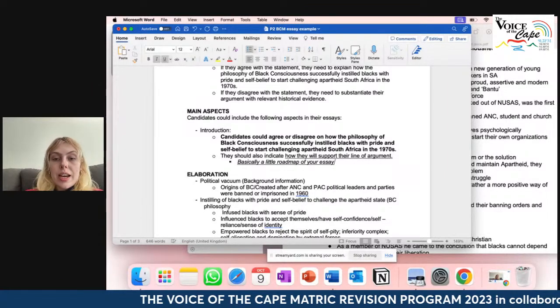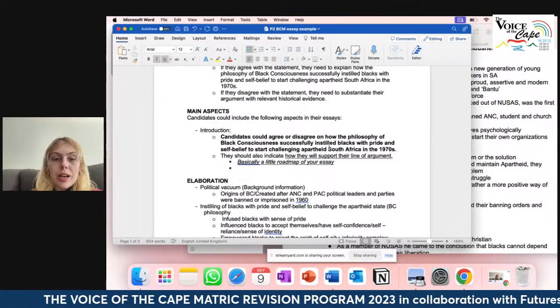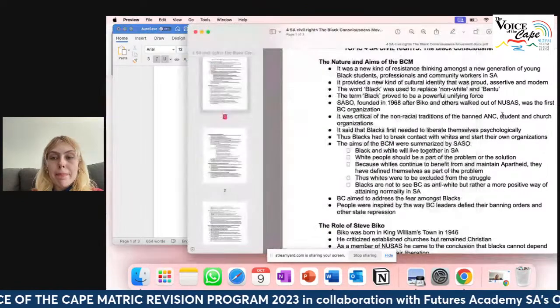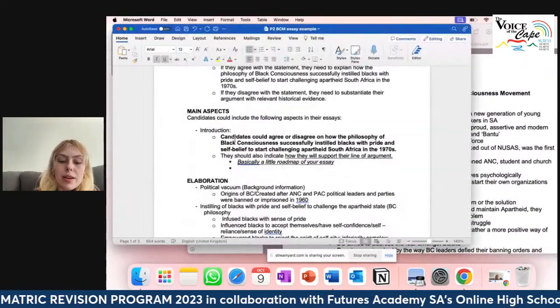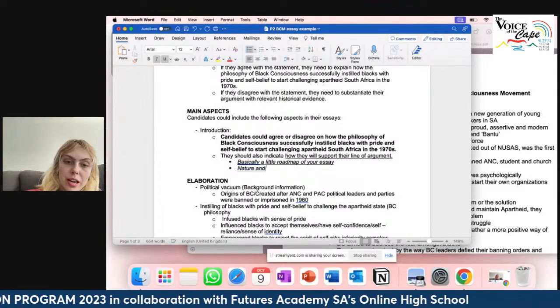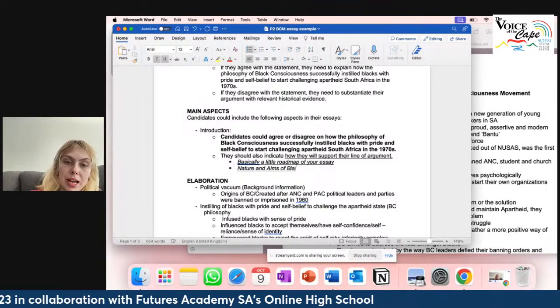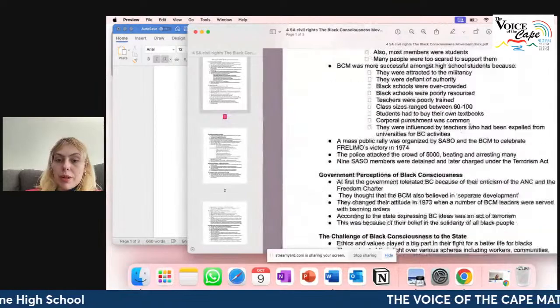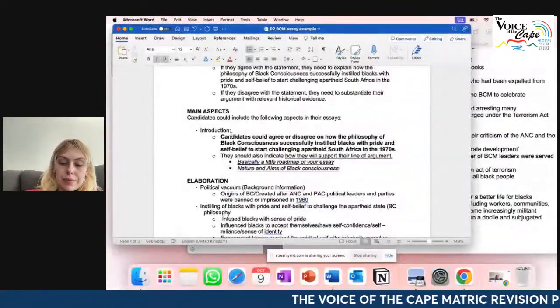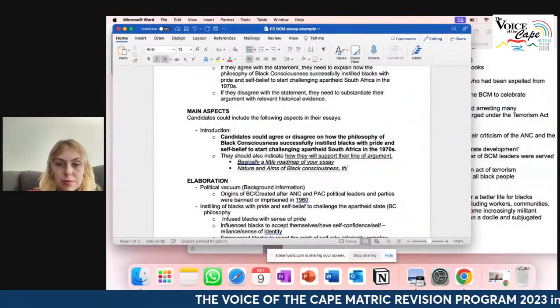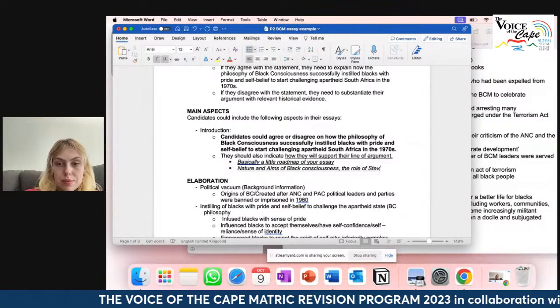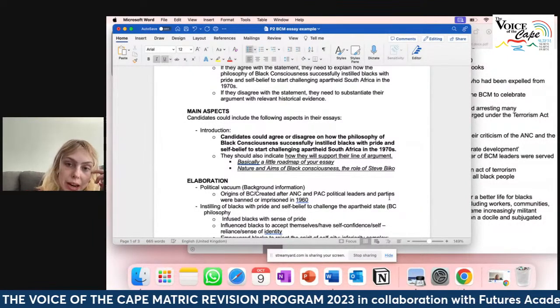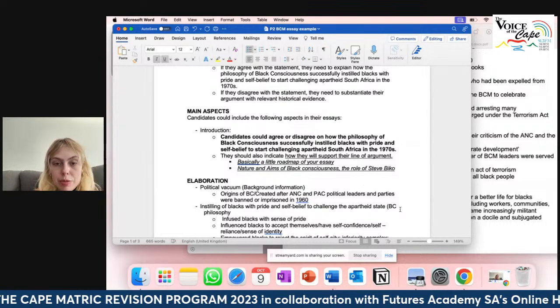So in our case, it would be here. So let's say the nature and aims of Black consciousness, the role of Steve Biko, and then remember, we need to bring in this idea of pride and self-belief.